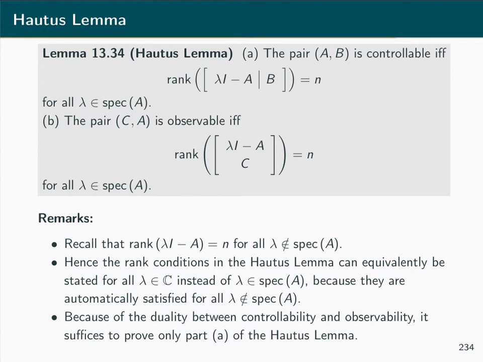First, recall from chapter 7 that the rank of the matrix lambda I minus A is equal to n anyways for all lambda which are not eigenvalues of the matrix A. Hence, the Hautus lemma could be stated equivalently by replacing lambda in the spectrum of A with lambda in C, because the rank of this submatrix lambda I minus A is equal to n anyways for any lambda which is not in the spectrum of A. Moreover, note that because of the duality between controllability and observability, it suffices to prove only part A of the Hautus lemma.